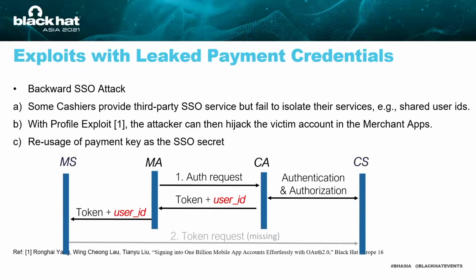Besides, we find that some developers reuse the values of their payment keys as the single sign-on secret, which amplifies the impact of payment credential leaks on single sign-on. According to our test, 2% of the payment keys also work as the single sign-on secret.